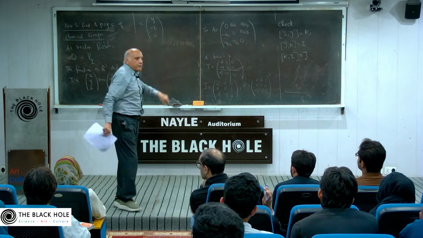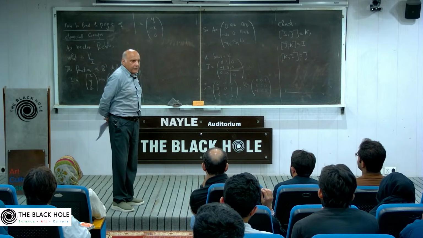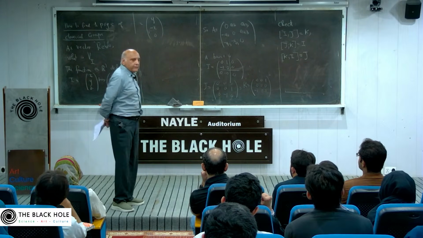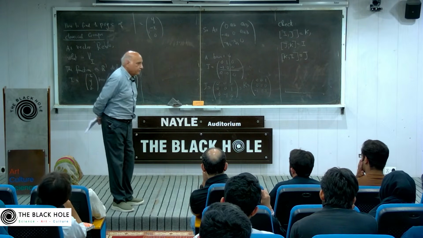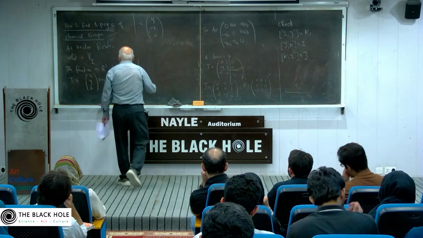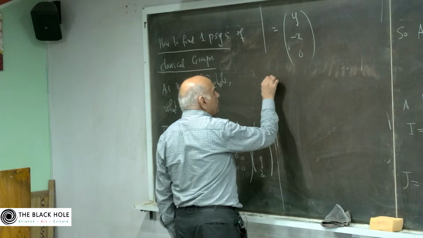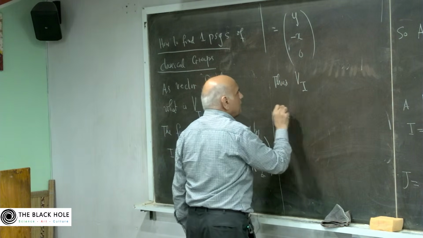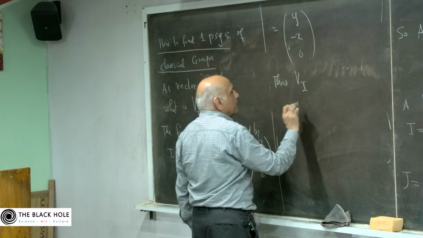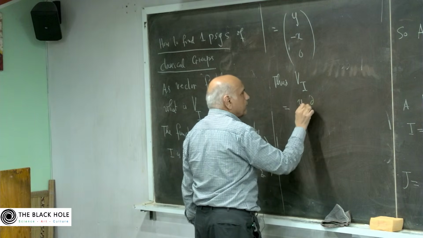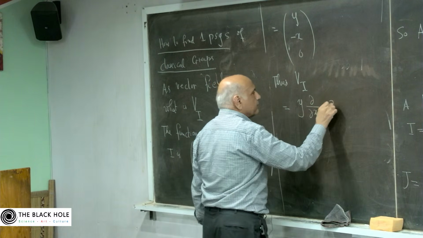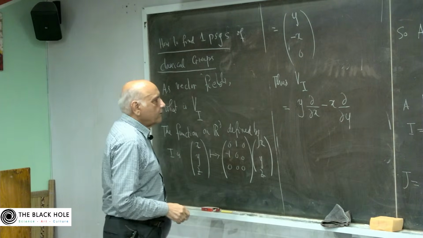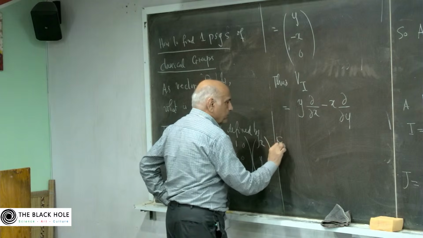So what will be my vector field? y times partial by partial x minus x times partial by partial y, and thus V_I is y partial by partial x minus x partial by partial y.